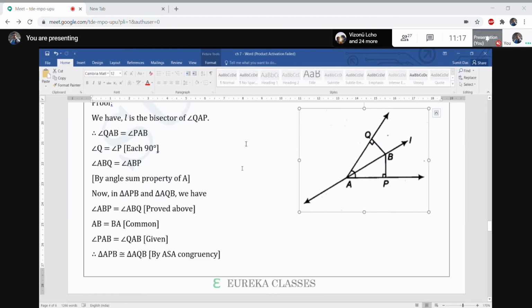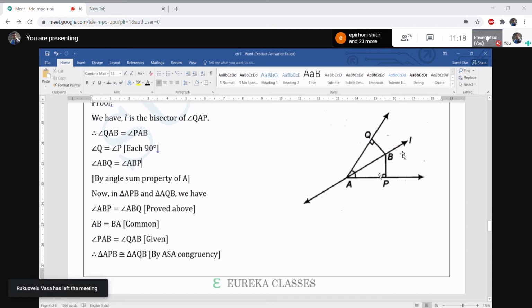You can see L is the bisector of angle QAP. So that means angle QAB and angle PAB, these two are equal, right? And angle Q and angle P are equal. Why? Because both are 90 degrees, right?